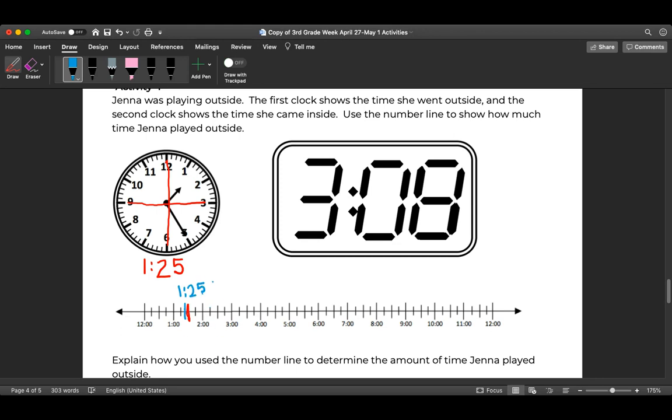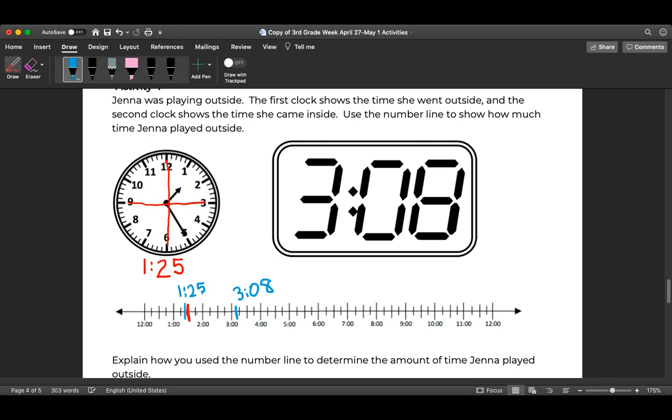So I'm going to make a jump from 1:25. I want to see how far it is to get to 3:08. Well, 3 o'clock is right here, and the first mark is 3:15. So 3:08 comes right here in the middle of those.